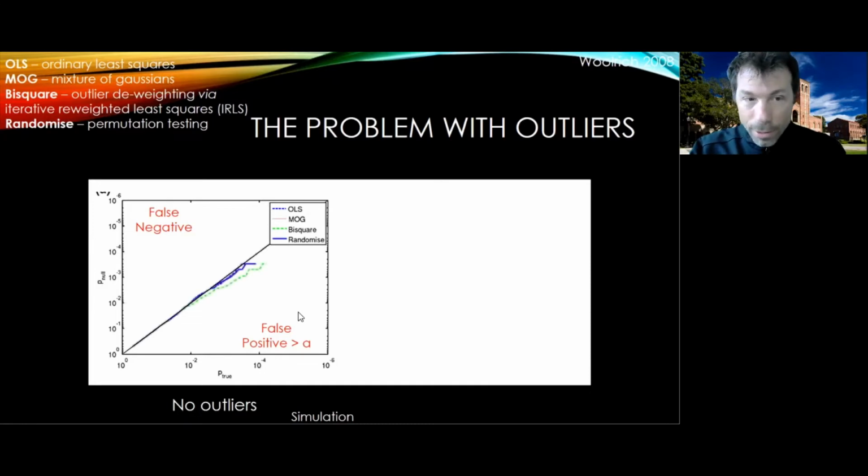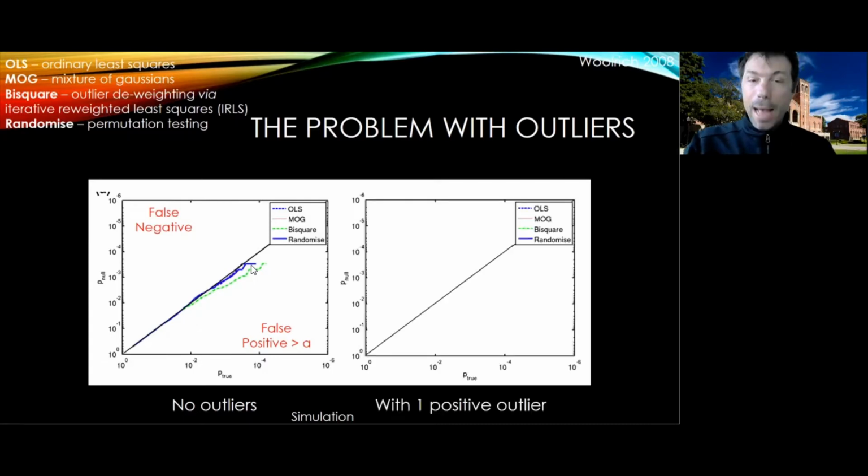So with no outliers, all of our 4 methods, randomize also shown now in blue, all perform pretty well. But as soon as you add a positive outlier, and these are simulated data, by the way, you can see that whereas randomize remains fairly loyal to our optimal, desired outcome, most other approaches, so this is your conventional OLS, this is the bi-square, and you can see here the mixture of Gaussian is still doing pretty well.